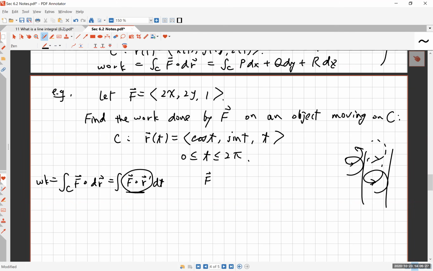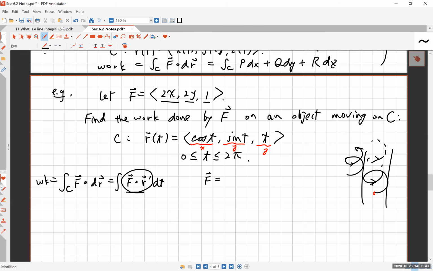All right, so F dot, so let's write F. Okay, F is 2x, 2y, 1. But remember, what's x? Well, this is my x coordinate, this is my y coordinate, this is my z coordinate as the object moves from 0, 0, 0, 1, 0, 0 in this case to 1, 0, 1.